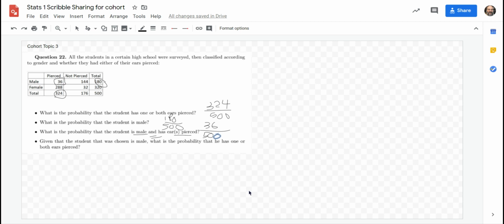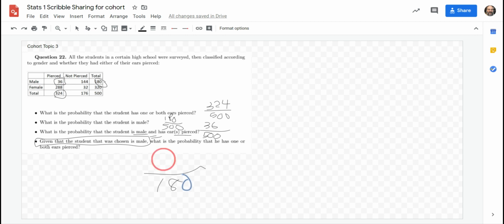Third question, what's the data? What's the question? Given that the student that was chosen is male, aha. Now we can still figure out relative frequency. But now we know the bottom of the fraction can only be the 180 males because we've got a male. What is the probability that he, right, the male, has one or both ears pierced?